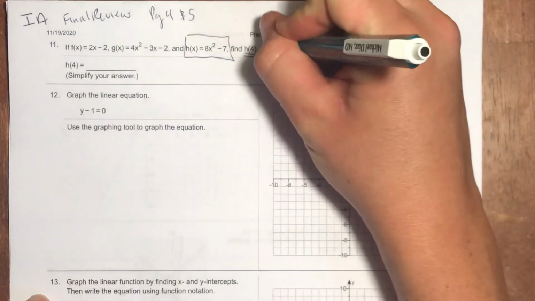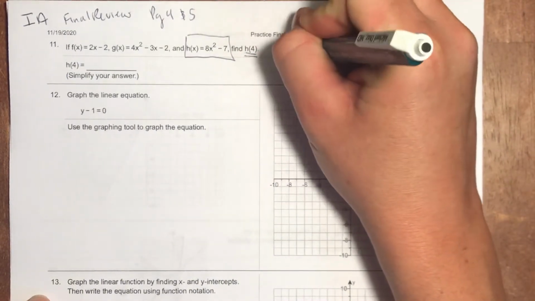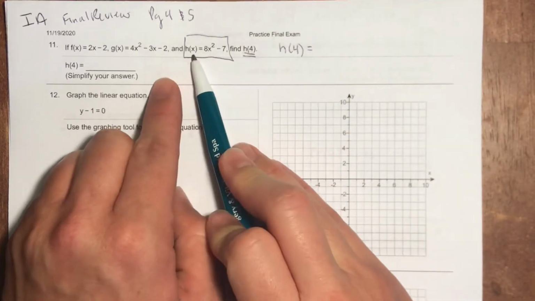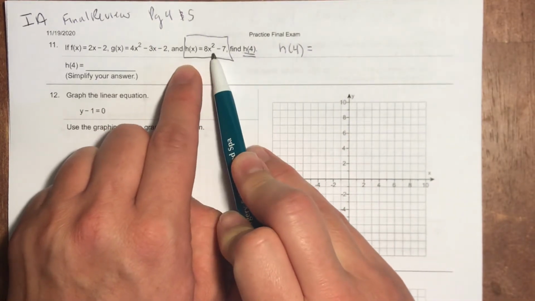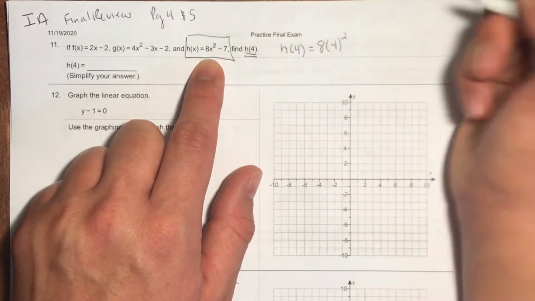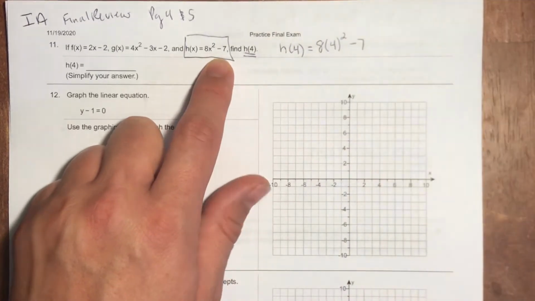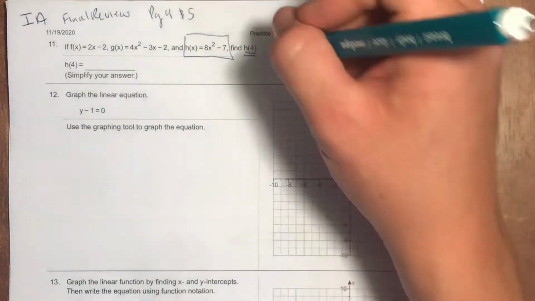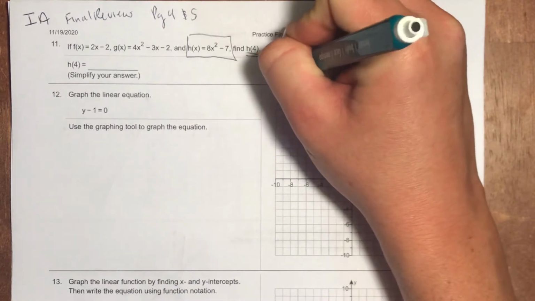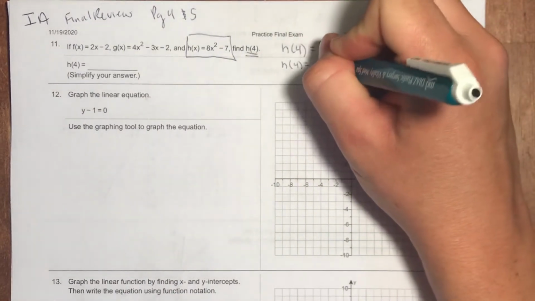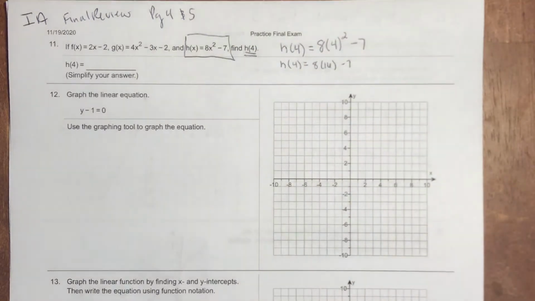Okay, so h of 4 is equal to, okay, if we want to find h of 4, we just replace the x's in h of x with a 4. So 8 times 4 squared minus 7. Okay, and then we just simplify the right side of this. So you should know your order of operations. First you square, so 8 times 16 minus 7.